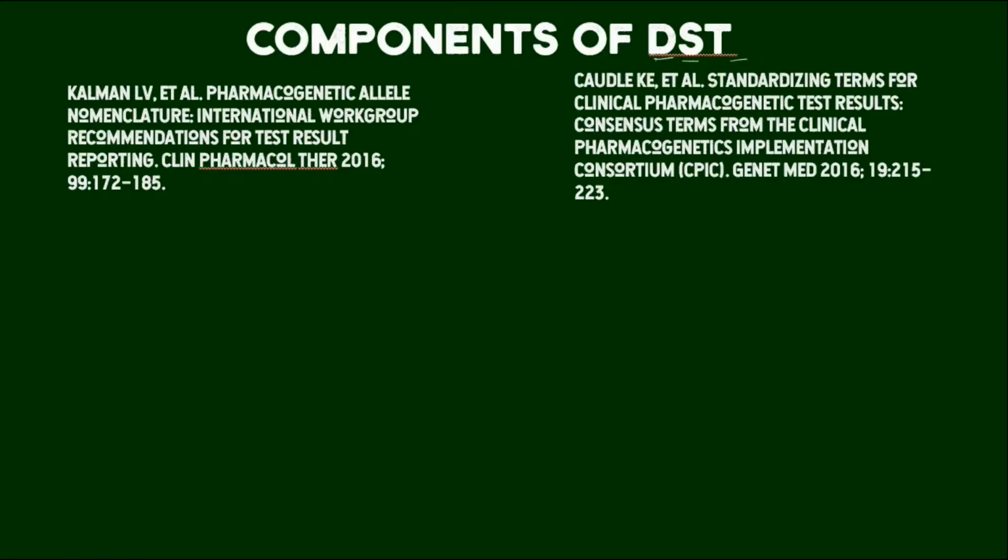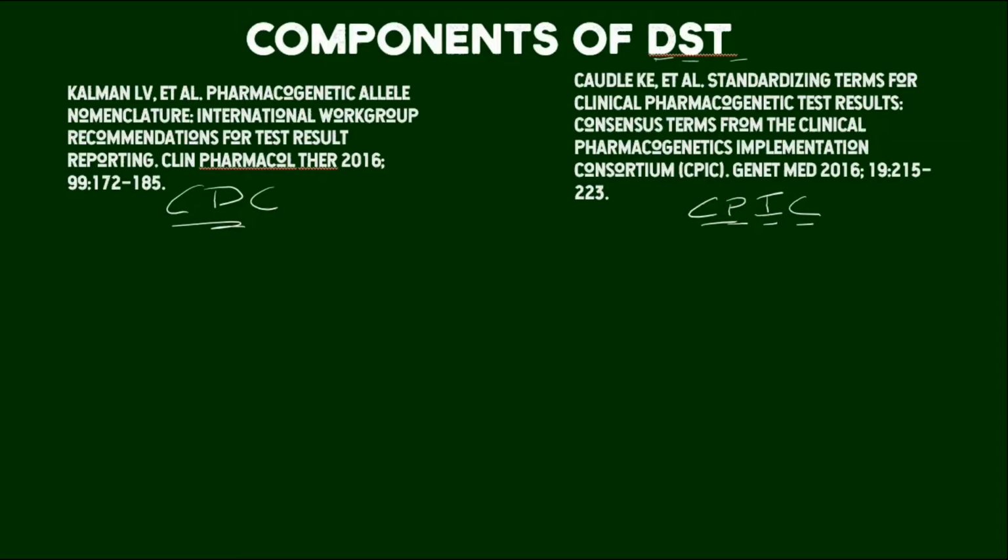Those have been thought about and reported by experts in the literature from the CDC, and here's the publication if you want to go look it up, and from CPIC, which is the Clinical Pharmacogenetic Implementation Consortium, a group of experts that creates pharmacogenetic guidelines.